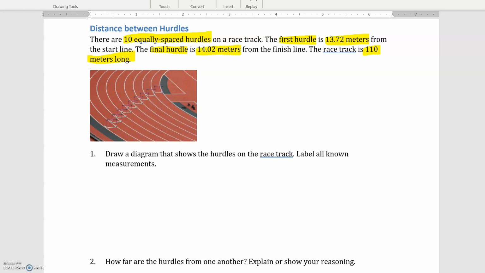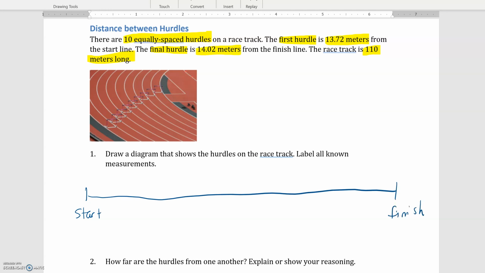So I'm going to help you with this by drawing this track for you. I'm going to imagine this track is just one long distance. So I'm going to do a starting point here, and it goes all the way to the end, the finish line. And I know that this whole thing is 110 meters.